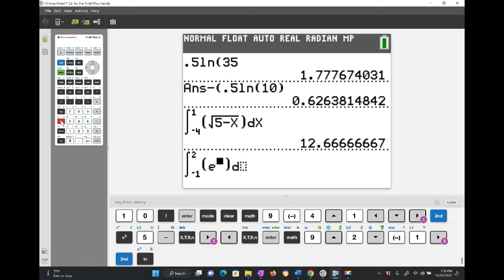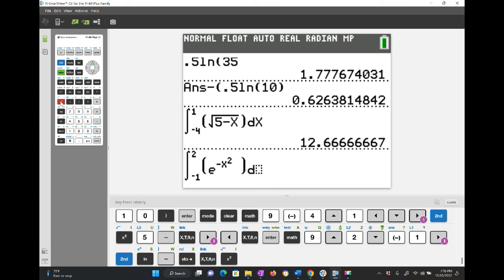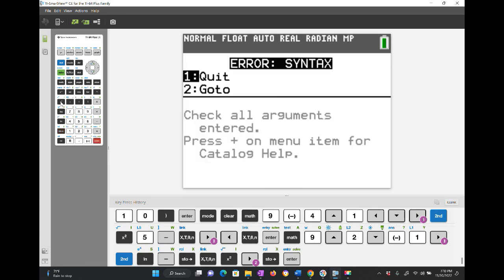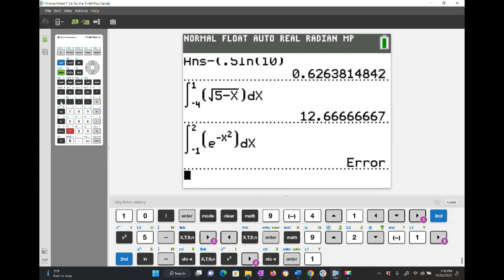Negative x, and that is squared. That's what that looks like. And this is obviously dx. So what they're suggesting is when you have these types of questions, use technology.